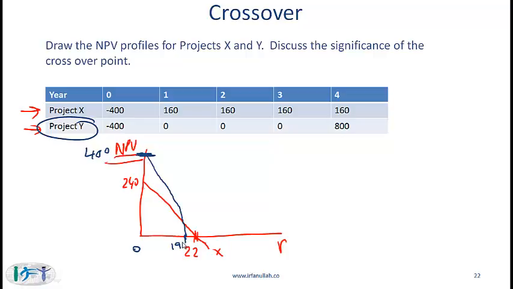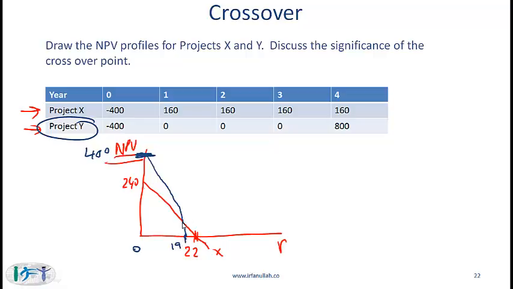If you want to be more diligent, you can also calculate the NPV at various discount rates. But from an exam perspective, knowing the fact that the y-axis intercept is based on undiscounted cash flows and the x-axis intercept is the IRR, that's what will help you a lot.